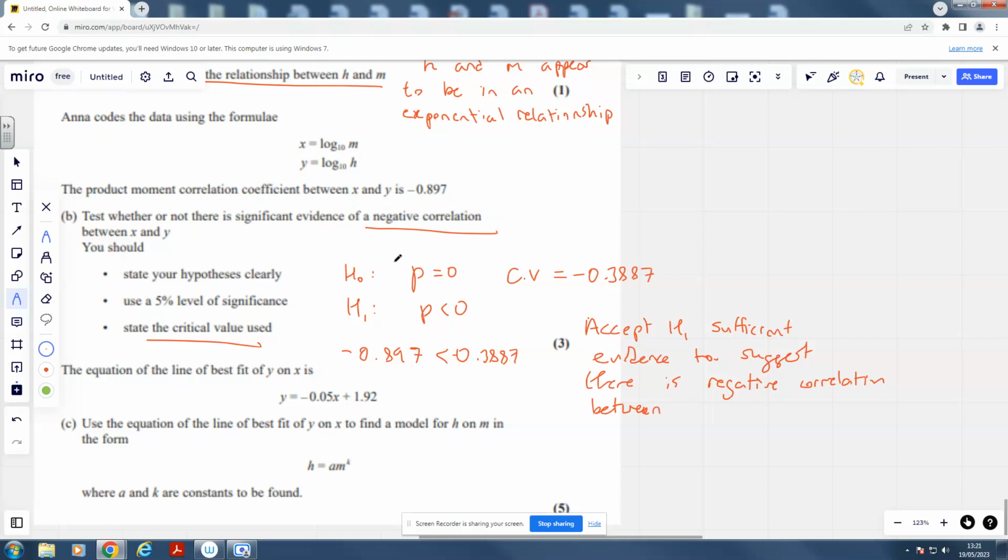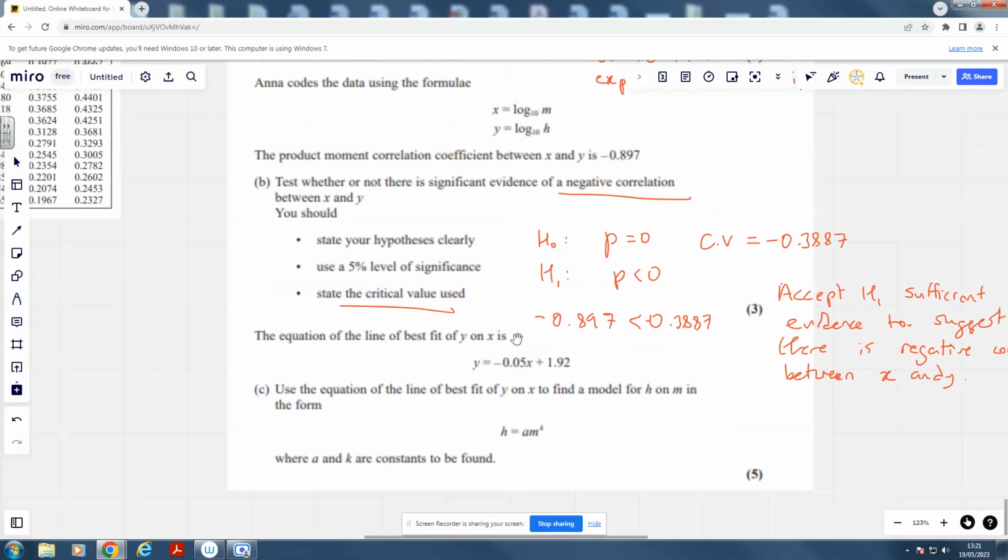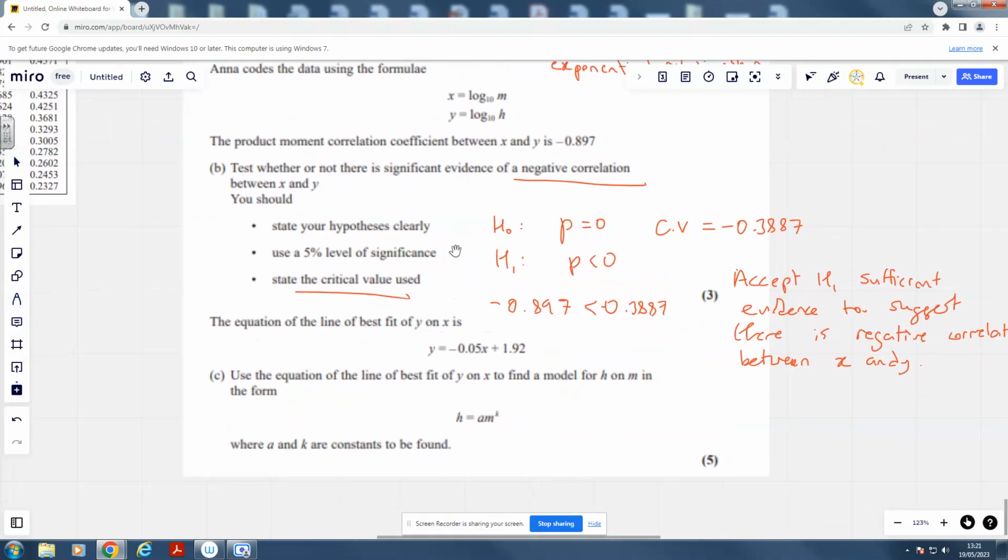Now you can say M and H. Well, no, because we're talking about a linear correlation here, I'm just going to say between X and Y. Cool. So it doesn't really work any differently, that bit at all, because we're just looking for negative correlation between X and Y.